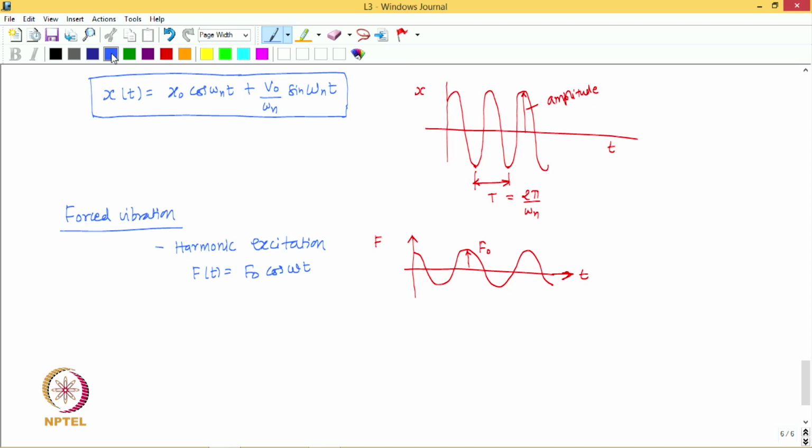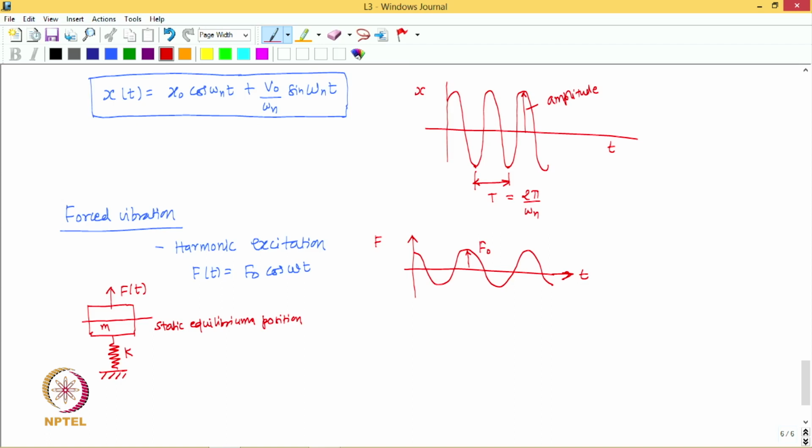Let us quickly make the system again. This is the static equilibrium position, this is the mass m, this is the stiffness k, and then we have a force f of t acting on the system.